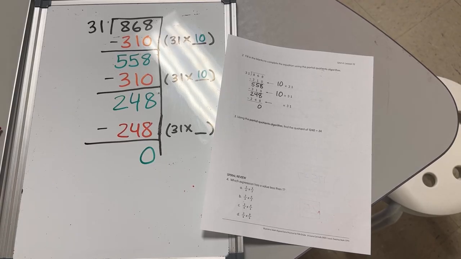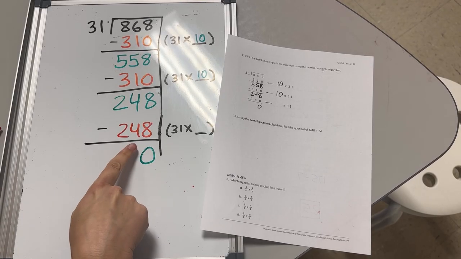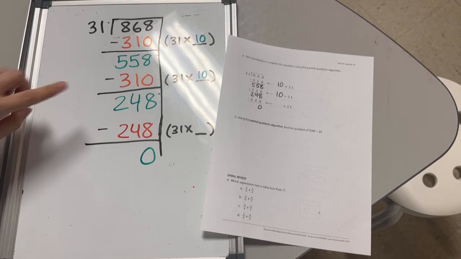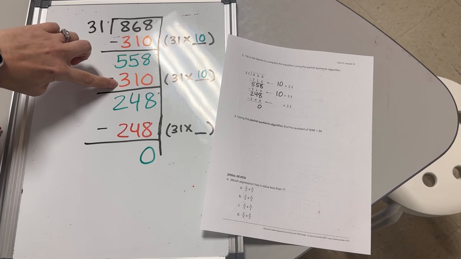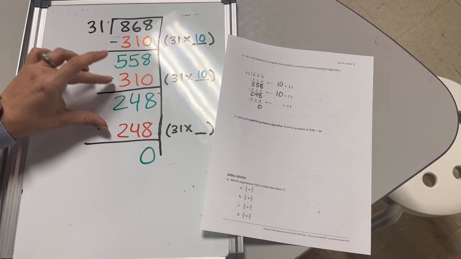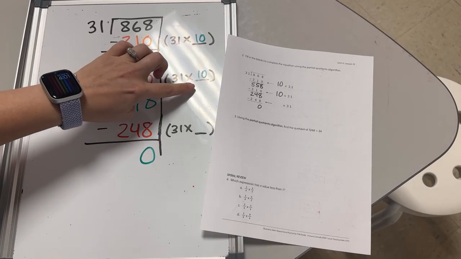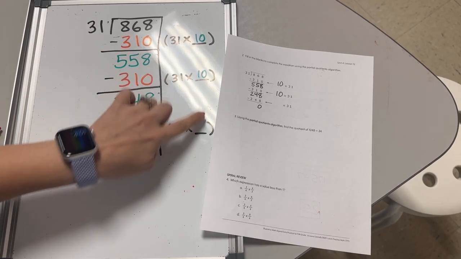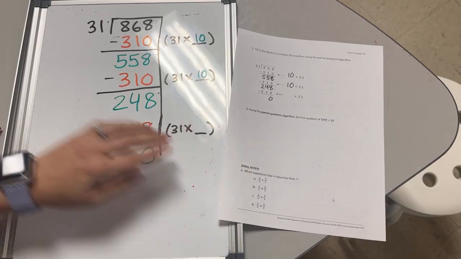In order to figure that out, I'm actually going to look back at that 310, because I know 310 is more than 248, but they're kind of close to me. So I know that whatever number I'm going to be multiplying is going to be less than 10, but it's not going to be too far away.